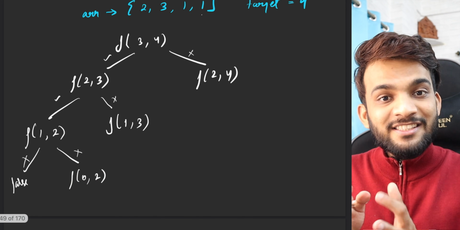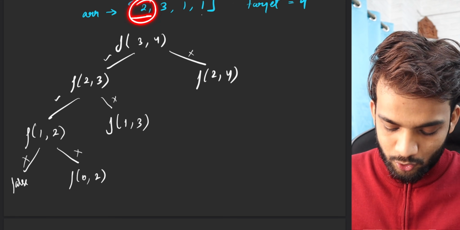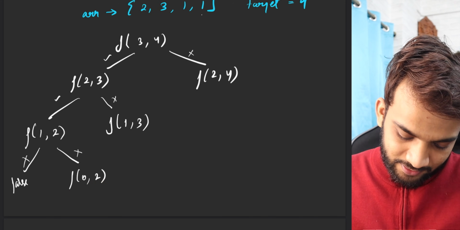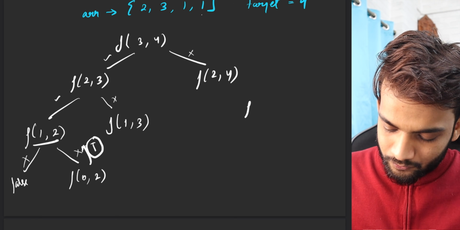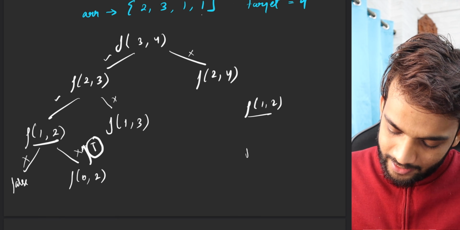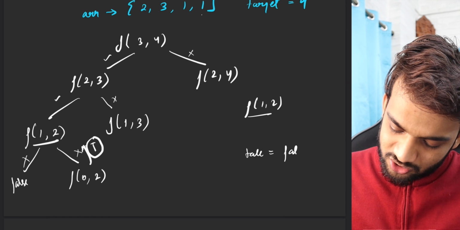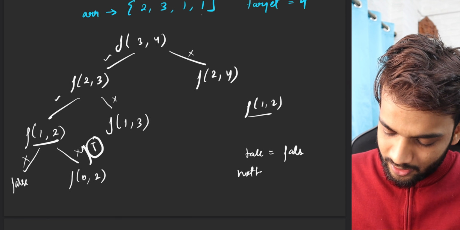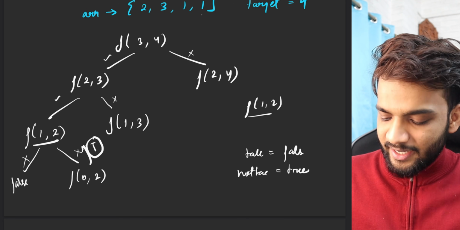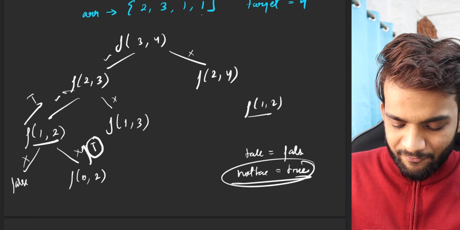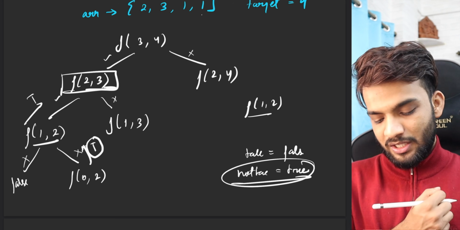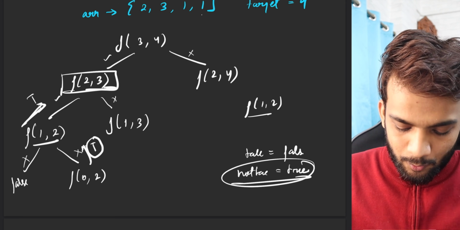So the 0th index itself can give you the target 2 that you're looking for. Thereby this guy returns a true. So f of 1, 2 was calling take, which gave false, and was calling non-take, which gave true. So non-take gave me a true, so I will return true.